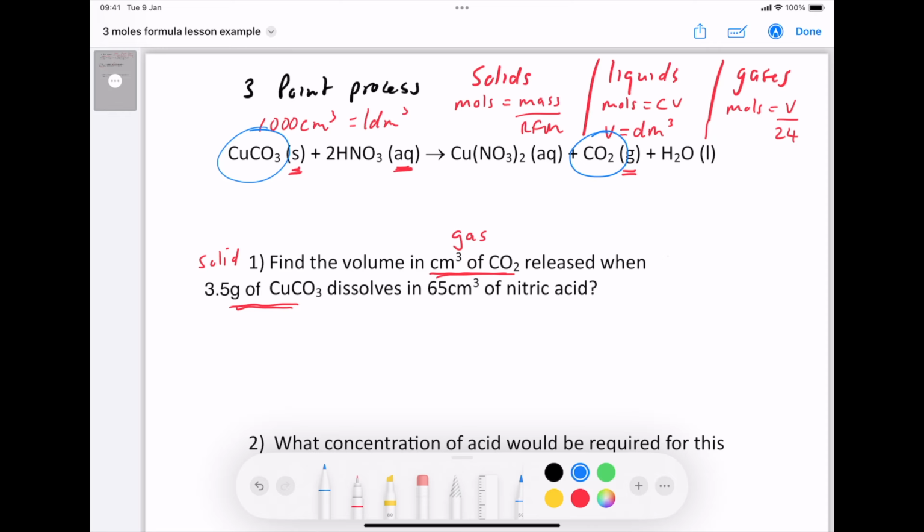With that said, step 1, here we've got to work out the moles of copper carbonate. So I'm going to use the solids formula. So moles is mass over RFM. So the mass is 3.5, and then the RFM is 63.5 for copper, plus 12 for carbon, plus 3 times 16 for oxygen is 48, gives us 0.02834, so that is the moles of copper carbonate that is dissolved.